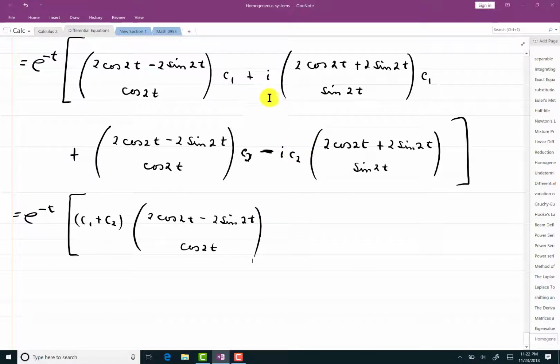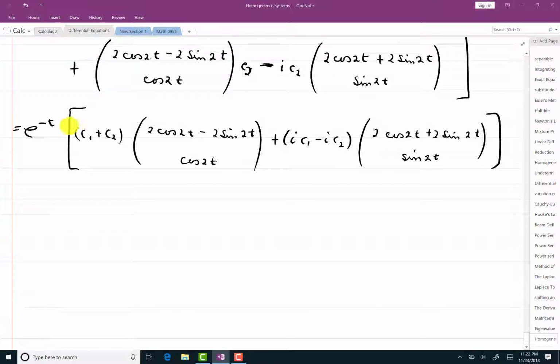Then on the other hand here, I have iC1 minus iC2. And then I can write it as multiplied to the same vector. 2 cosine of 2t plus 2 sine of 2t all over sine of 2t.